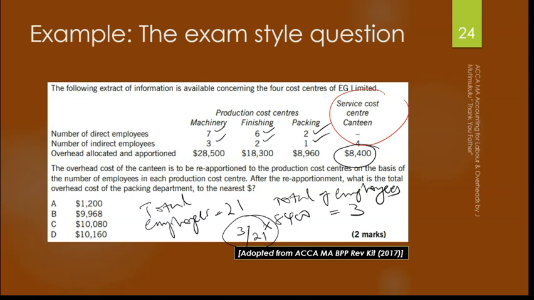So this means we only have to consider these figures.